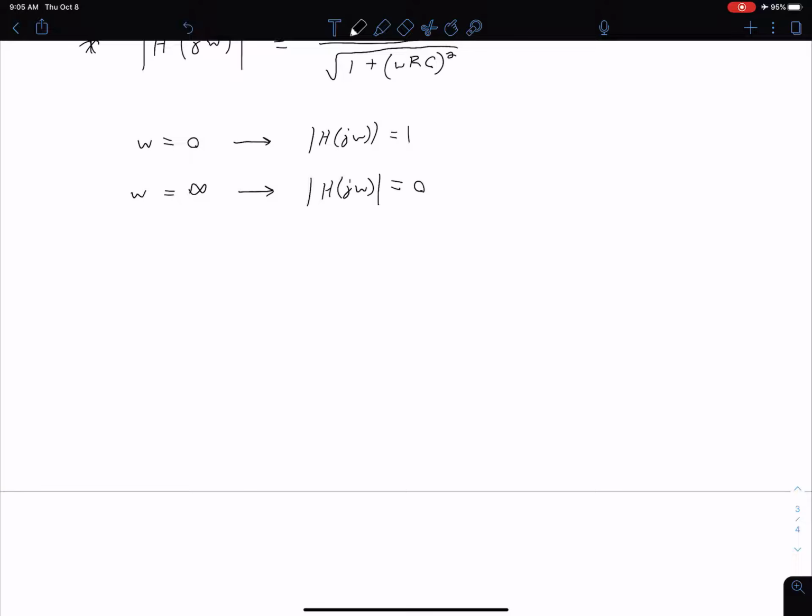So let me go ahead and sketch here our ideal filter behavior that we saw in the previous video, and then we're going to overlay on that what our actual filter behavior will look like. So here we had the magnitude of H of j omega versus our frequency, and we said up here is 1, and we know we're going to have some key frequency omega c.